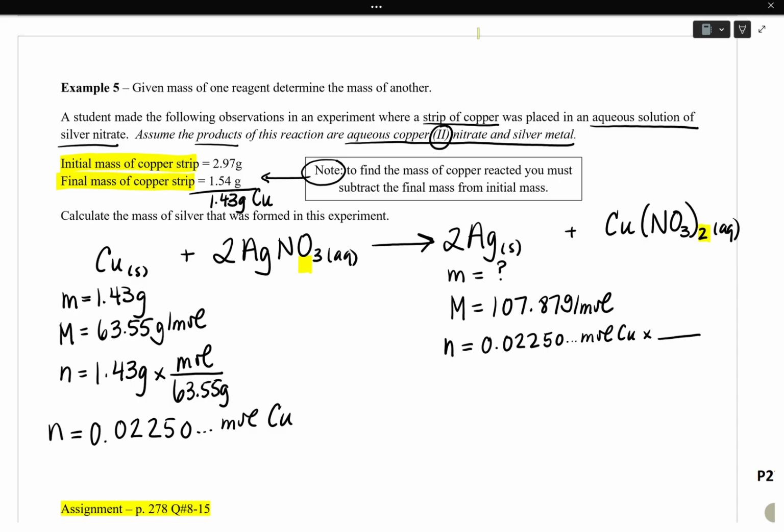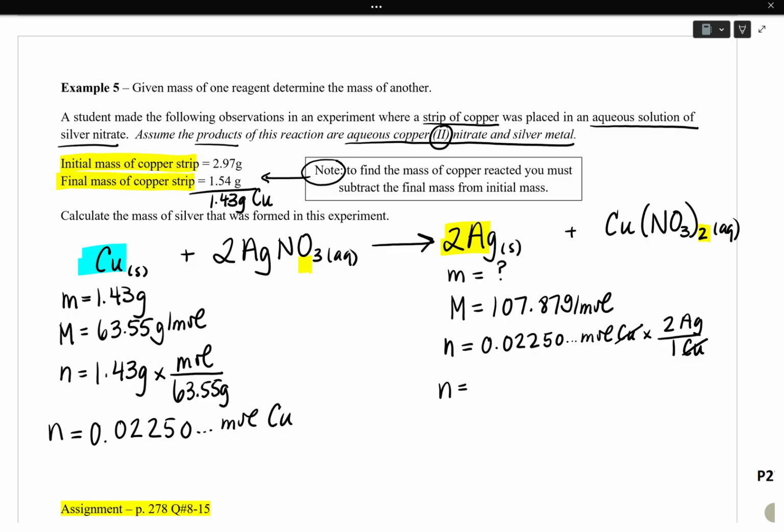So we want to know silver, so we're going to take the 2 Ag silver because that's what we're solving for. We are given 1 mole of copper, so we have a 2-to-1 relationship. So we'll put 1 mole of copper on the bottom. The coppers will cancel out.